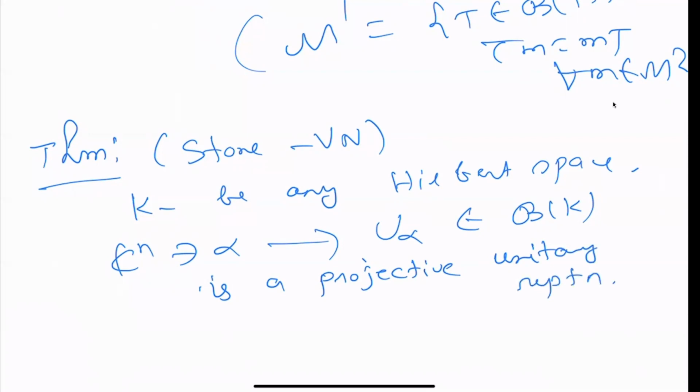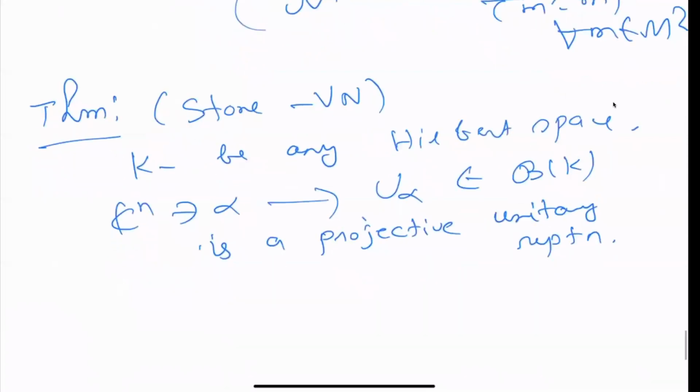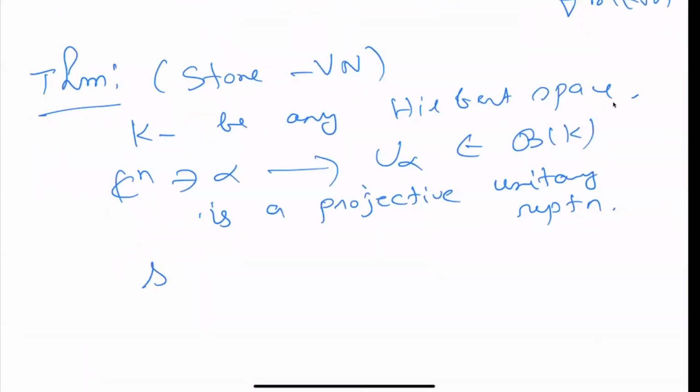Suppose I have a projective unitary representation, that means U of alpha times U of alpha prime should be a scalar times U of alpha plus alpha prime, but I'm going to write it. We don't need the definition of projective unitary representation, satisfying the following: satisfying the Weyl commutation relation.